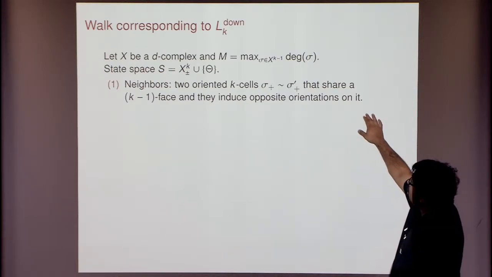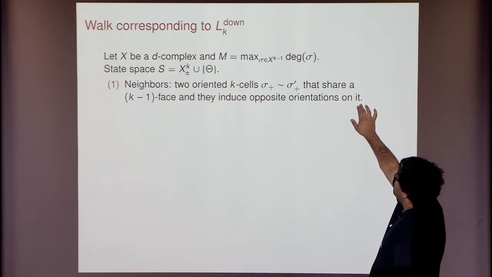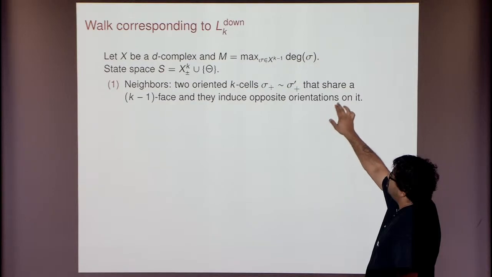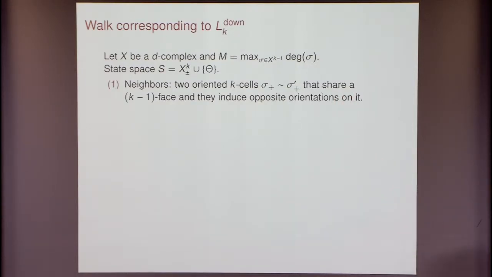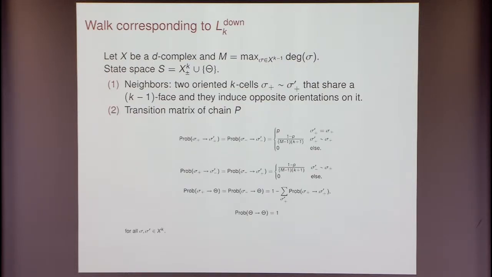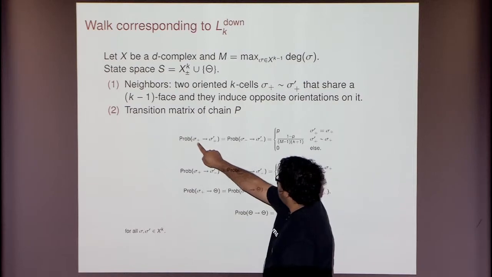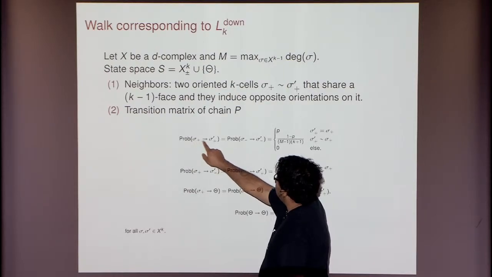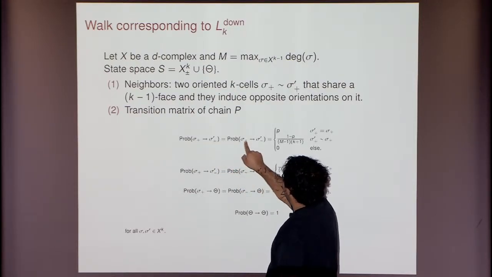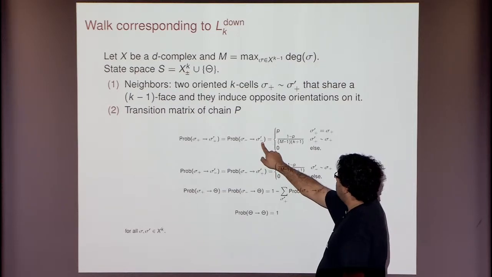So two oriented K cells that have the same orientation are considered neighbors if they share a K minus one face, okay? And then my transition matrix is: I can move from a positively oriented face to another one, or I can move from a negatively oriented face to another one.